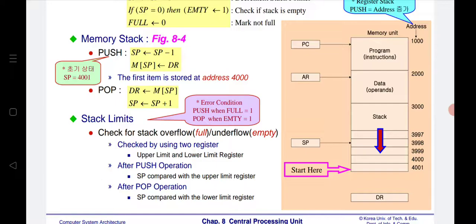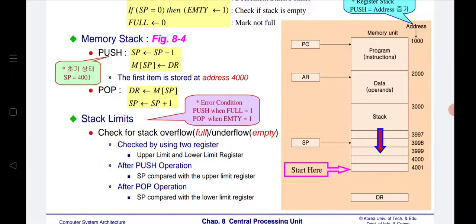The error conditions are push when full is equal to 1, and pop when empty is equal to 1. When my stack memory is empty, can I pop any data? Do I have any data in the memory? No. So in the pop operation, I am going to get my stack limits, that is, stack overflow and stack underflow.